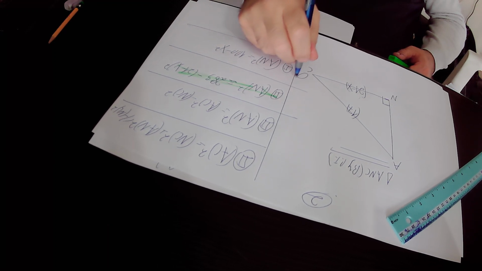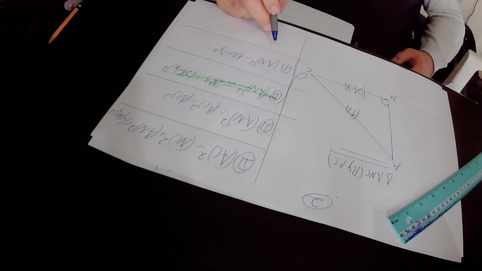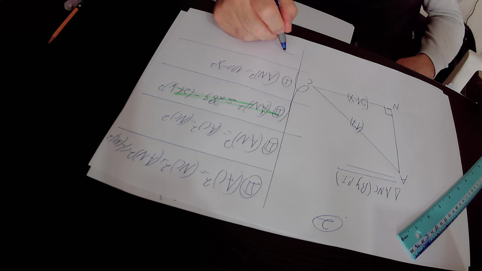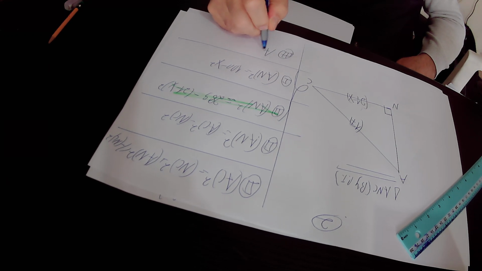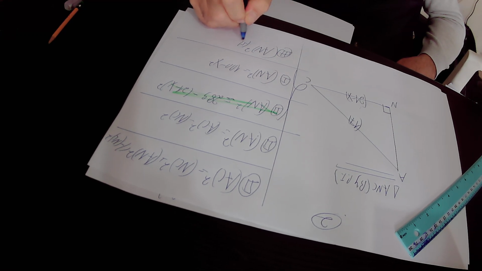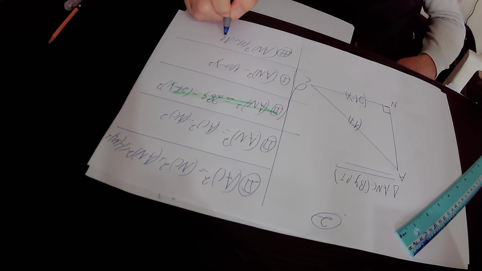So we have two different equations for the value of AN squared. Therefore, we get equation 3, which says that AN squared according to equation 1 must be equal to AN squared according to equation 2.